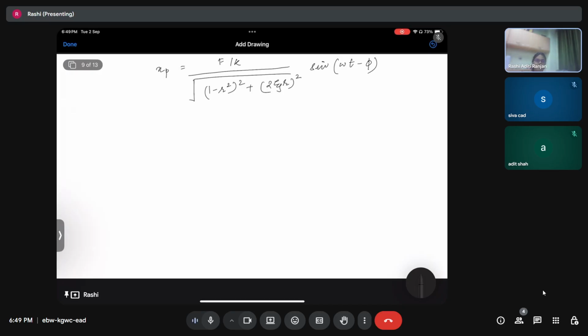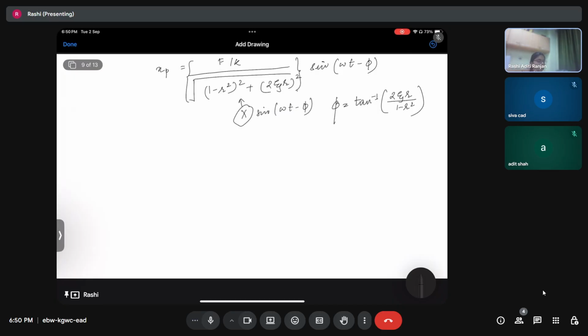So basically it is of the form x sine of omega t minus phi, where x is this term. Further, phi is the phase angle, which can be written as tan inverse of 2 eta r divided by 1 minus r square. Okay.